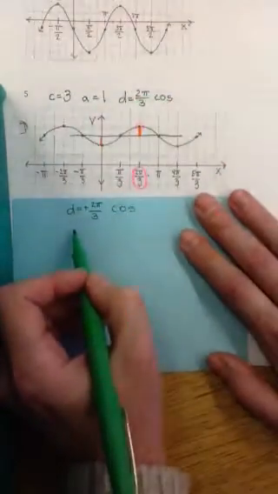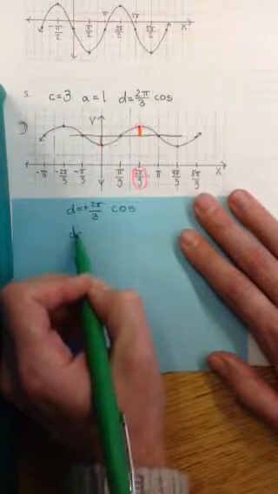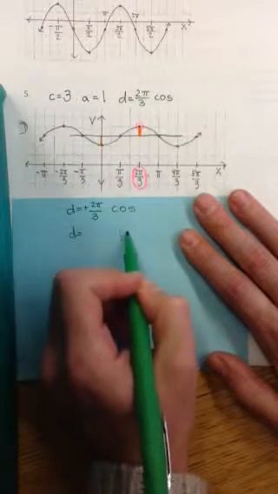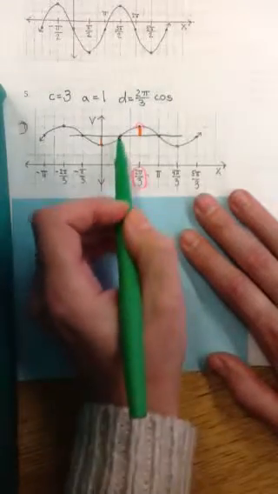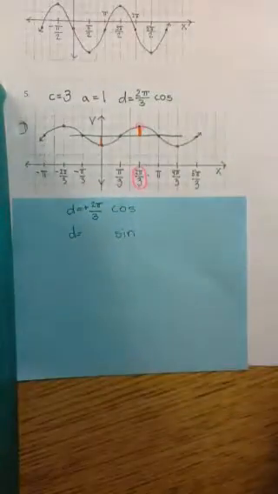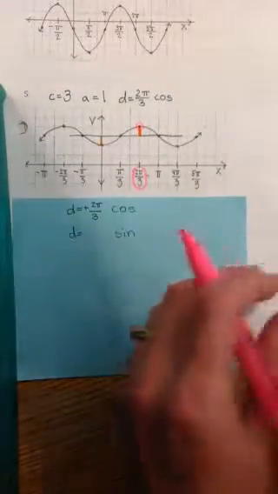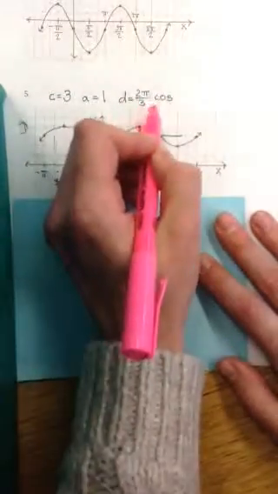What if I want to use sine? Sine starts in the middle of our graph and goes up if we're looking to the right. So I see this one right here. Sorry, I'm trying to color code these.